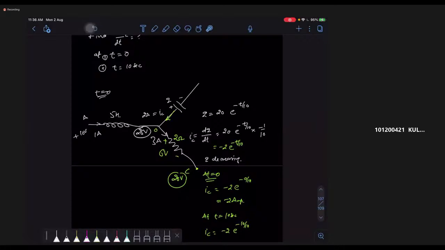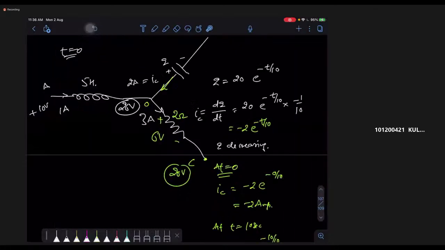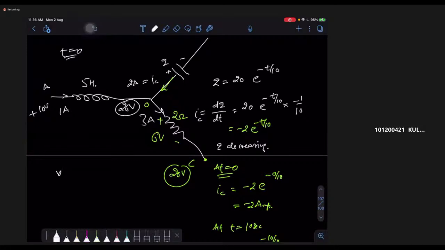Now we come to the inductor's property. What does the inductor property say? The inductor property says that potential is equal to L di by dt with a negative sign in the formula. Now what is the potential drop here? In the direction of current, is your potential increasing or decreasing? On the A it is 10 volts. On the O I'm getting 26 volts. So your potential is increasing. No? So it is a plus 16.